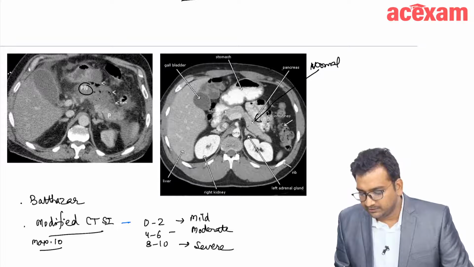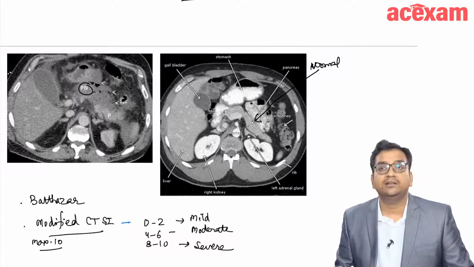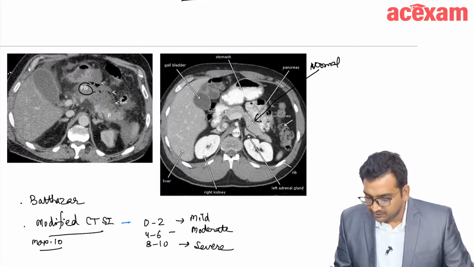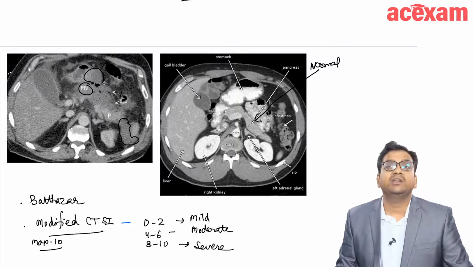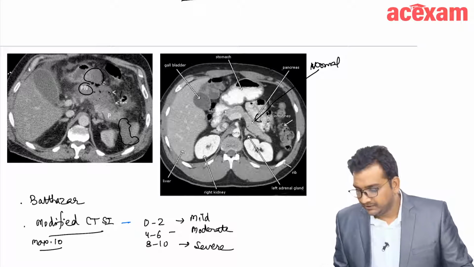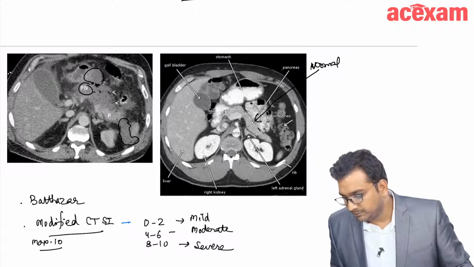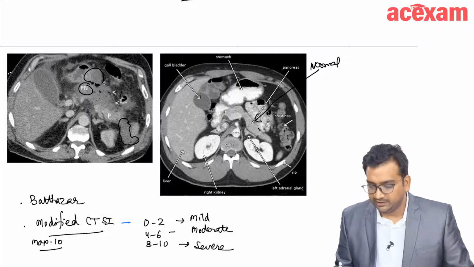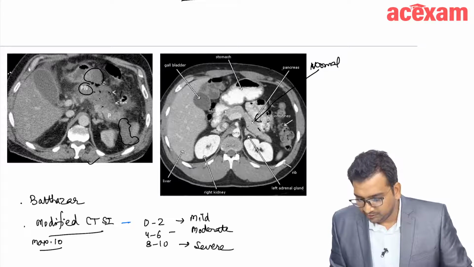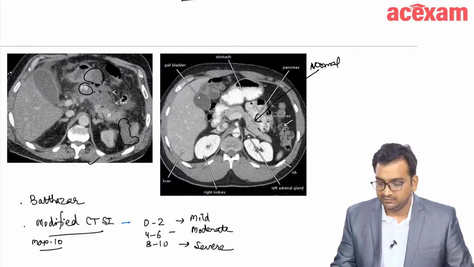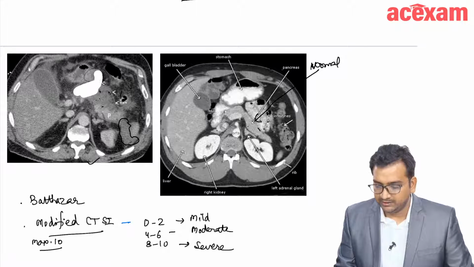There is some enhancement at the distal body and tail region, and there is some collection around the spleen and some collection in the peripancreatic region, along with a lot of necrosis in the peripancreatic fat also. Here the boundary of the pancreas is very easily demarcated, but in this CT the boundary cannot be very well demarcated. So this is the CT showing acute pancreatitis.